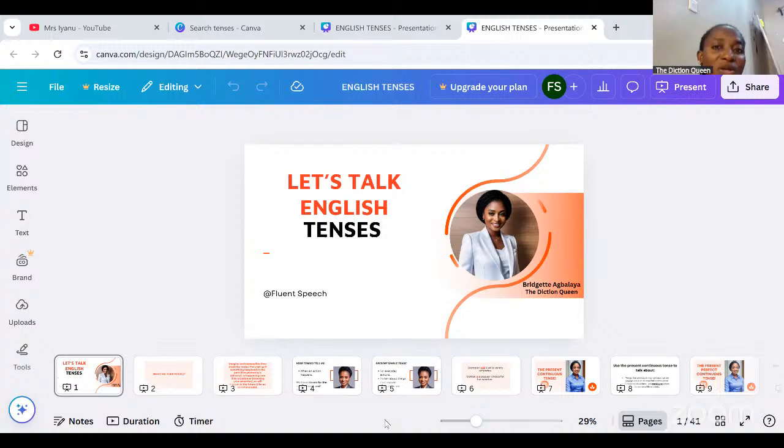While we are doing that, we would focus on tenses and punctuation marks. I added punctuation marks because of the chat we had afterwards.